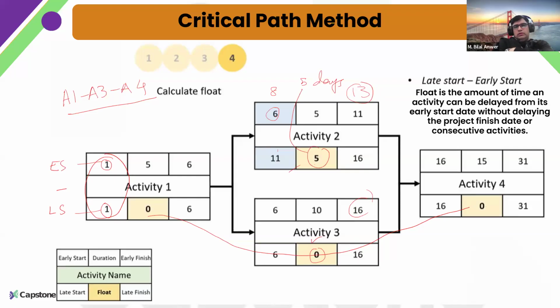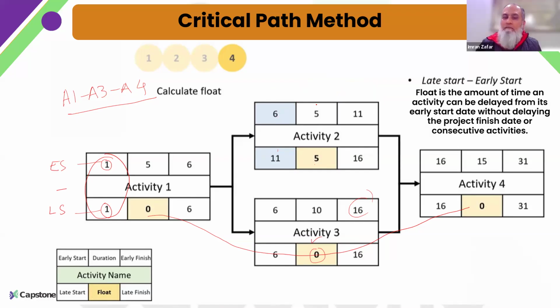Yes, of course, knowing that activity 4 has to be started on the 16th. Let's say you complete this activity on day 1, and now these resources are free. Since this is a very simple diagram, let's say there are some more activities. By looking at this, you can move those resources to some other activity. Okay.